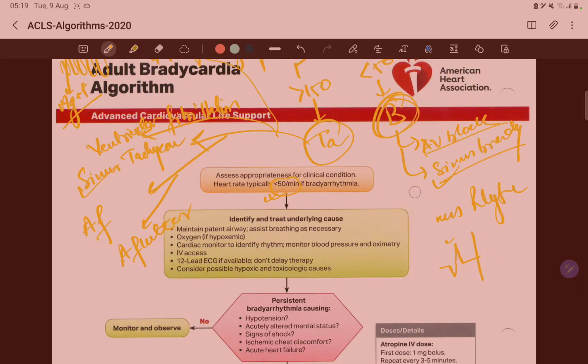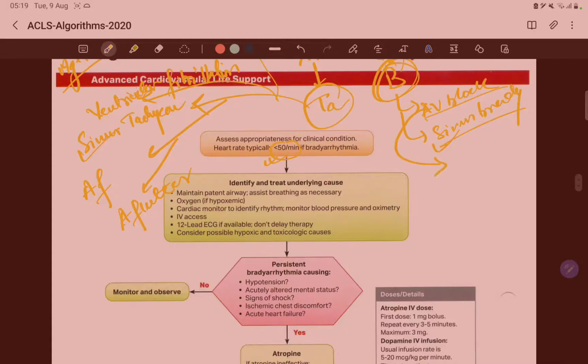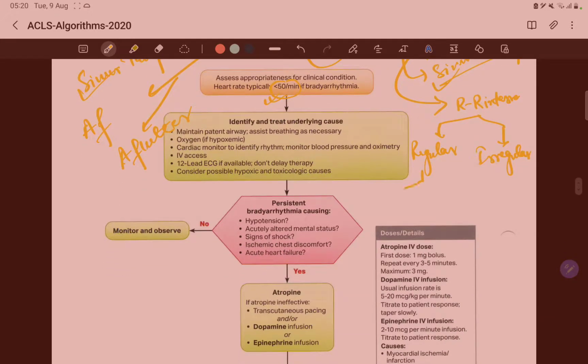Now identifying AV block is very important. The first thing we see is the RR interval: is it regular or irregular? If it is regular, it will be first degree AV block, or it may be third degree AV block.